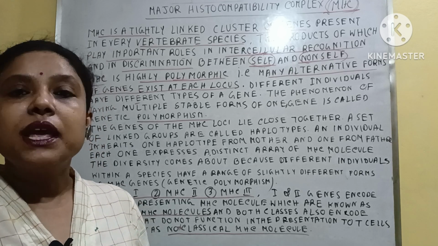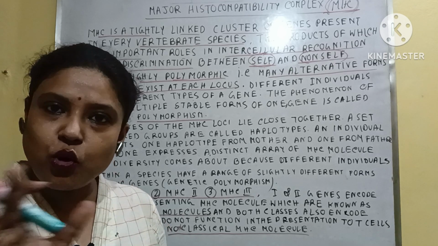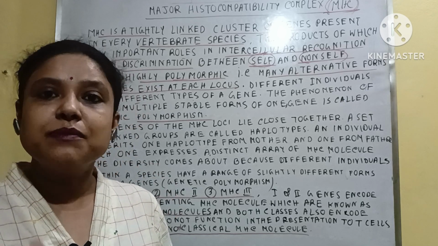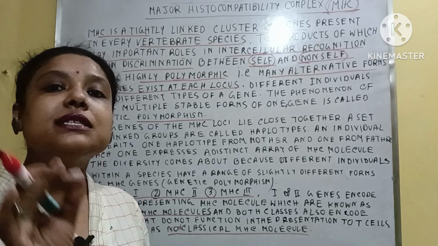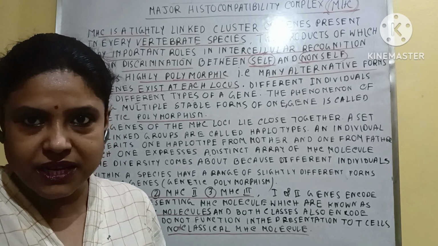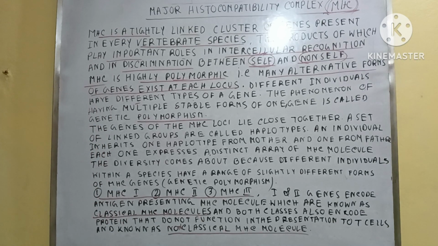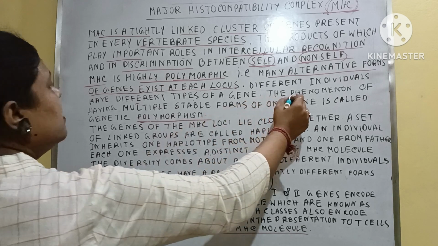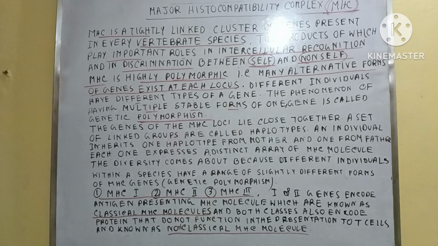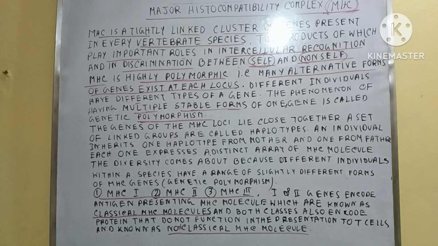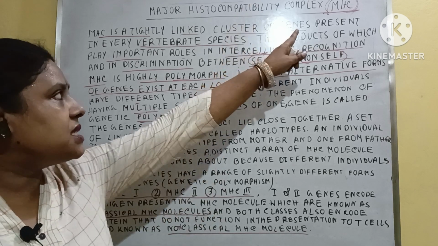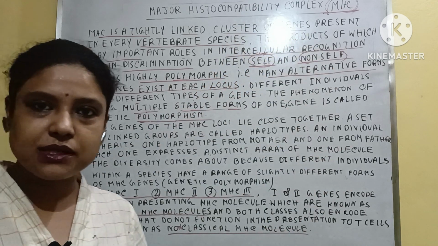Both individuals are in the same species, but they are two different individuals, so there are differences in the MHC complex, and this is called polymorphism. The phenomenon of one complex having multiple stable forms is called polymorphism. So you can say that MHC is a polymorphic complex.